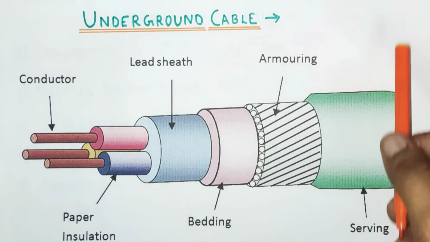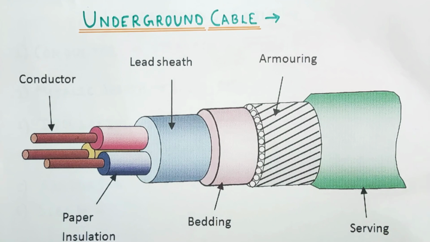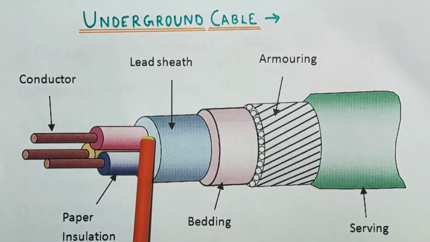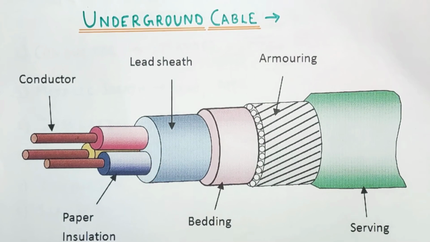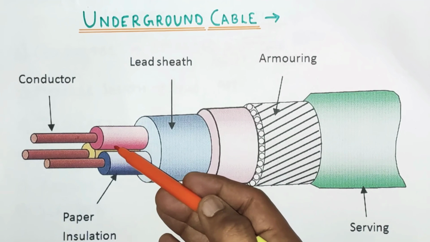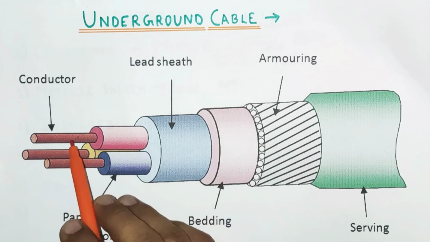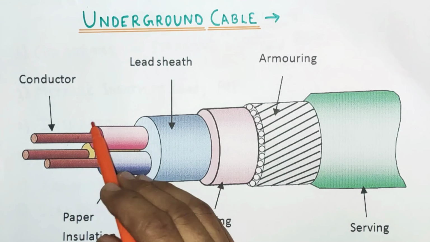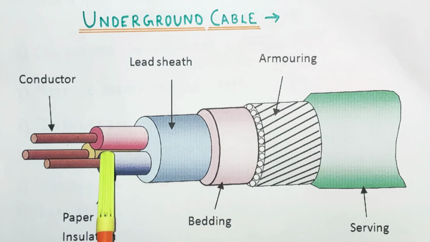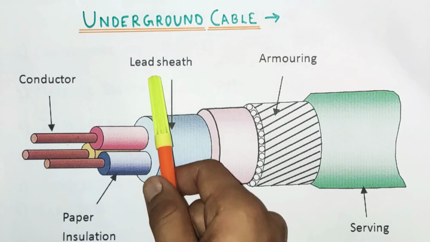Because underground cable is inside the earth, and there are several moisture, gases or oil in the earth, due to which the cable can absorb moisture, and it will be absorbed by the insulation. If insulation absorbs the moisture, then earthing of the conductor will be possible, or it will also damage the insulation. So to protect the insulation from moisture, the lead sheath is used.